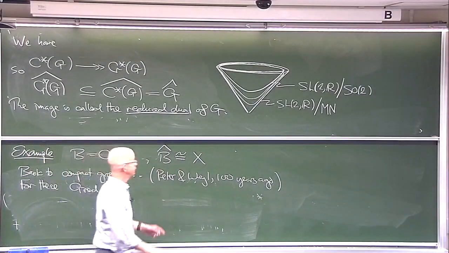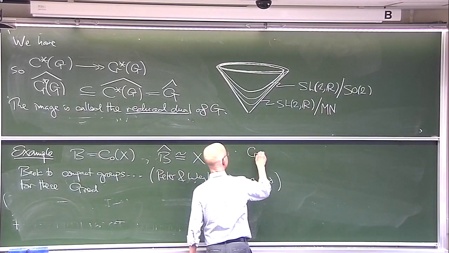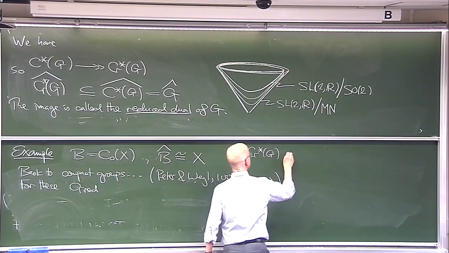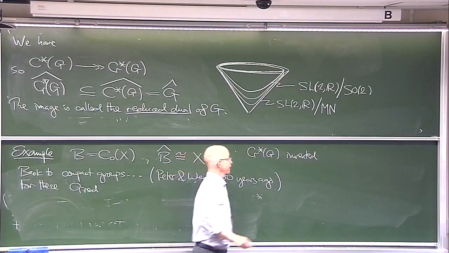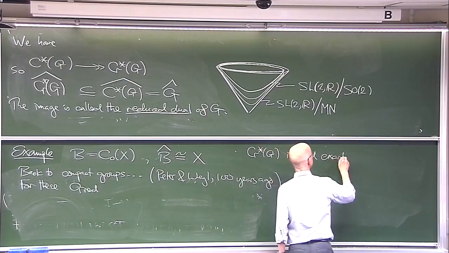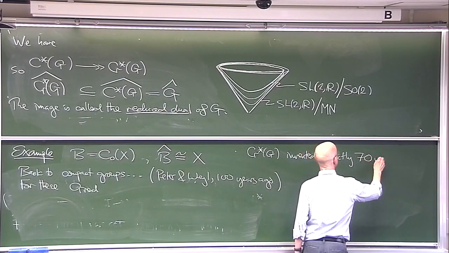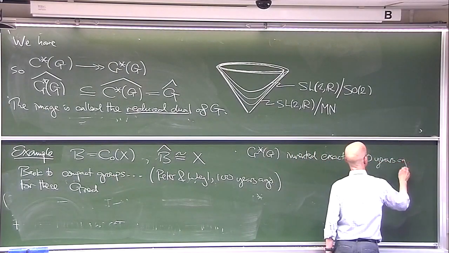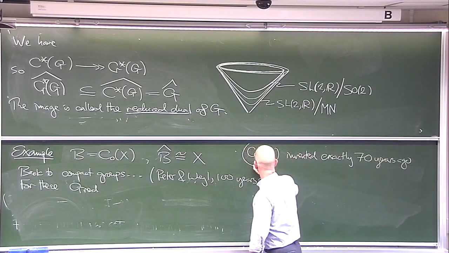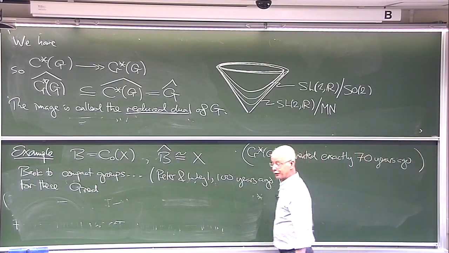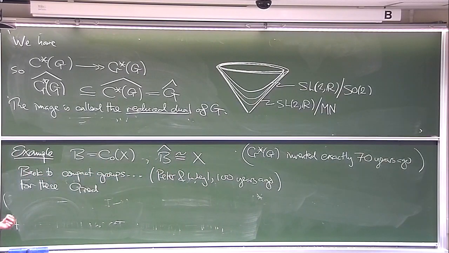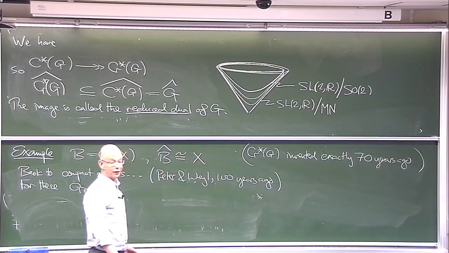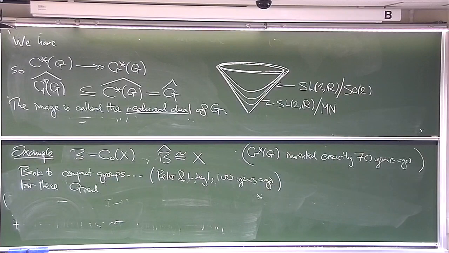Oh, by the way, I forgot to say that the reduced C-star algebra was invented exactly 70 years ago. It has a birthday. So happy birthday to the reduced C-star algebra. We had a conference for Lee, a Pugh medalist, who was also turning 70. So the C-star algebra of G shares a birthday with Lee, more or less.